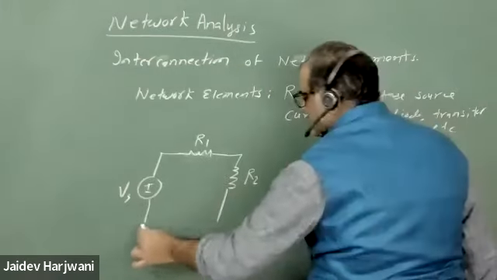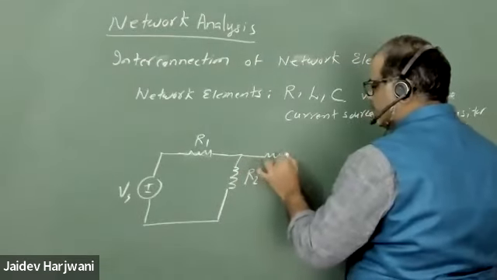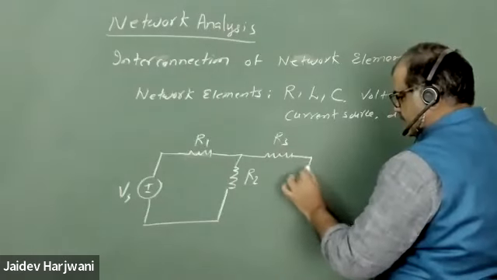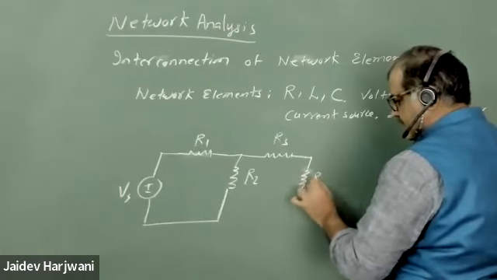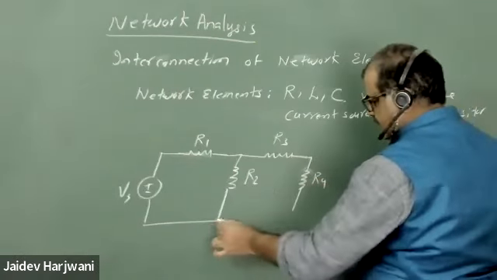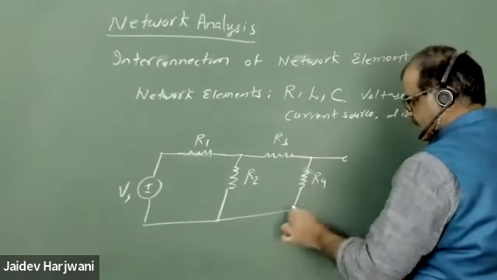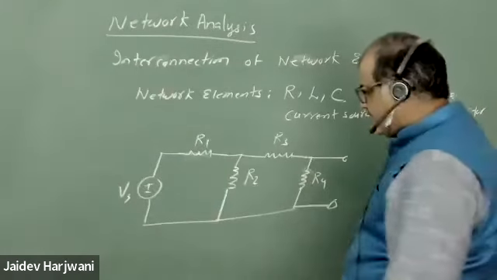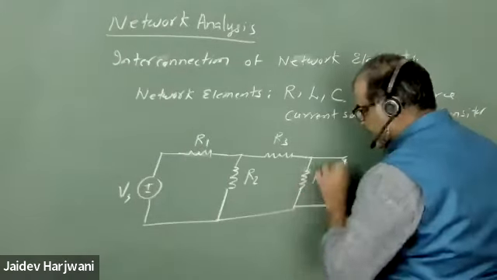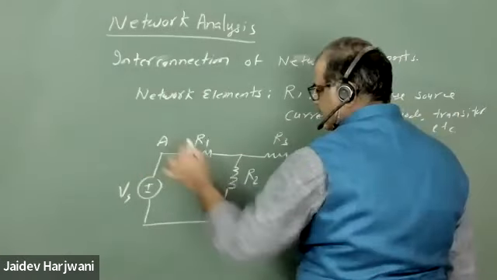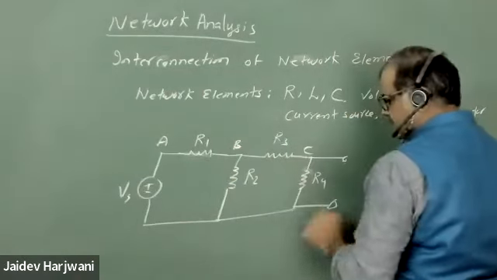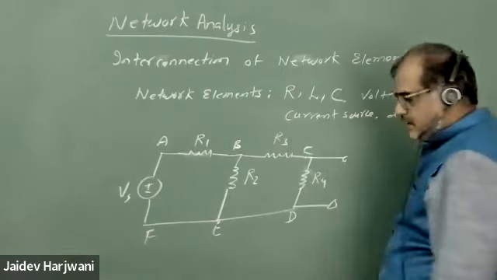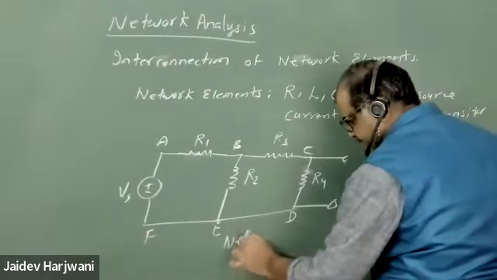Say I have one more resistance here, R3, and here I have another resistance, R4. So this is basically a network. These terminals are open. This terminal is A, this is B, this is C, D, E, F. So this is an example of a network.